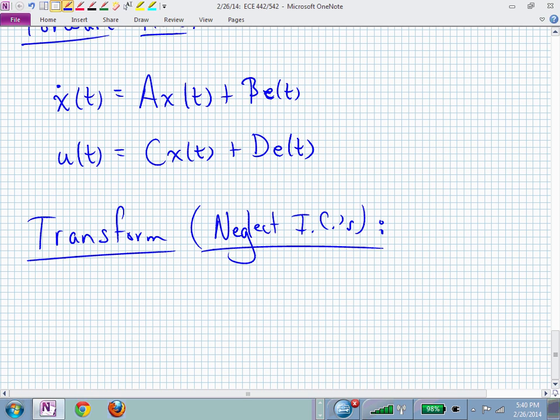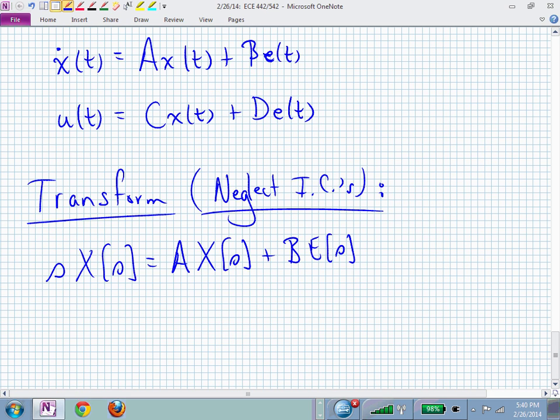And those might appear when we transform x dot, the derivative, if we didn't neglect them. What happens when we Laplace transform x dot? We just multiply by s, don't we? We have s times capital X of s is equal to A capital X of s plus B capital E of s.